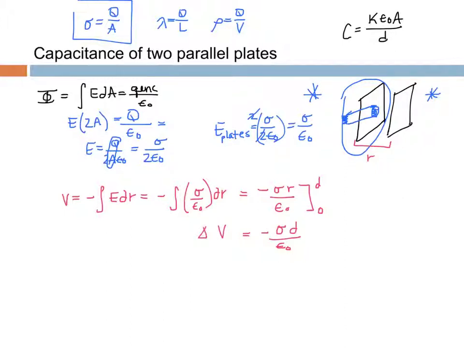We already know that the potential difference decreases if one plate is positive and the other one is negative, and we go from positive to negative. So again, the magnitude of it is just sigma d over epsilon naught. I'm going to go ahead and put my charge over area back.